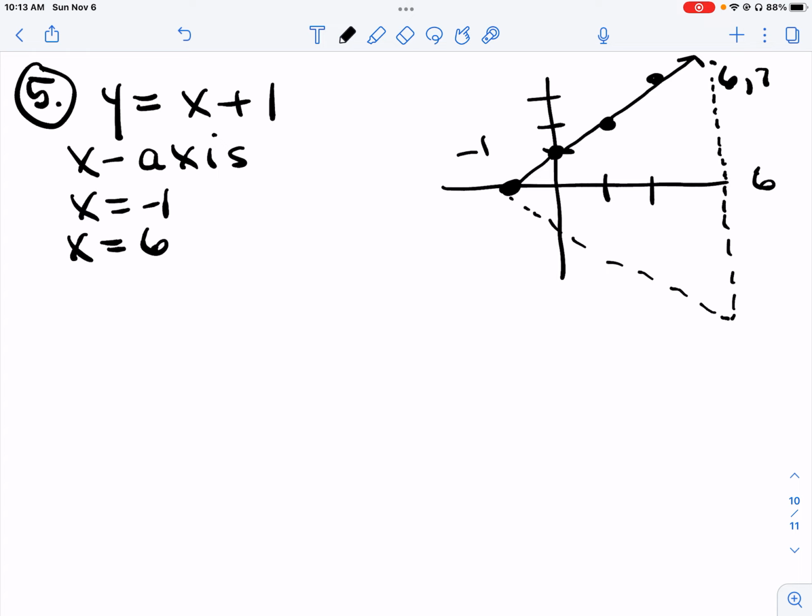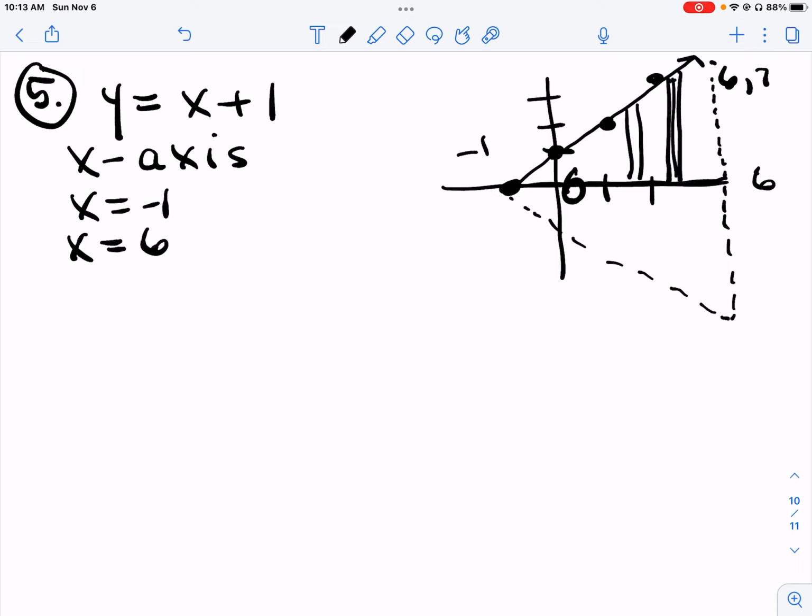Okay, if we're rotating about the x-axis, right, this way, this is our radius. Okay, these are our radius. And remember volume's pi r squared.